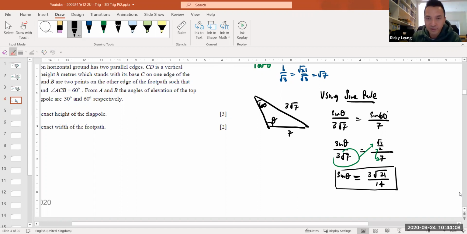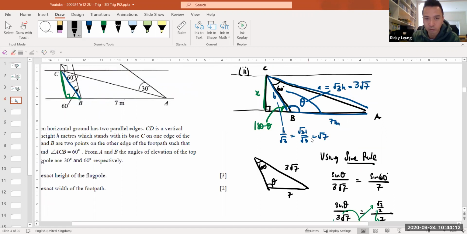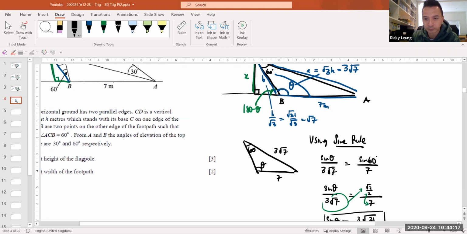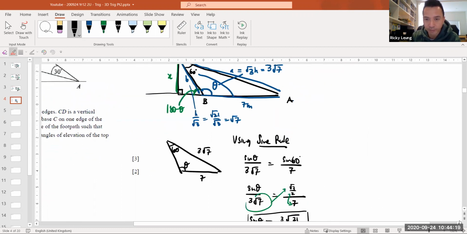Now, once you have that for sine theta, I'm going to draw this green triangle over here, making it look like a right angle triangle. The side that's missing is x. That's the width of the footpath. That's what I want. I've got this side here as B, which is root 7 as per the diagram here.